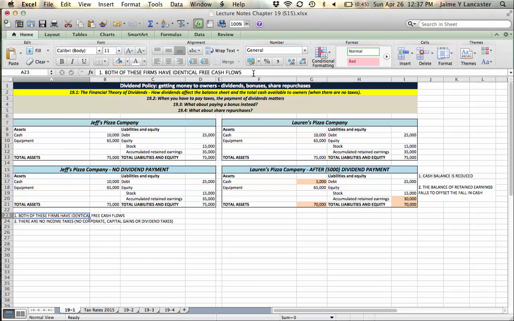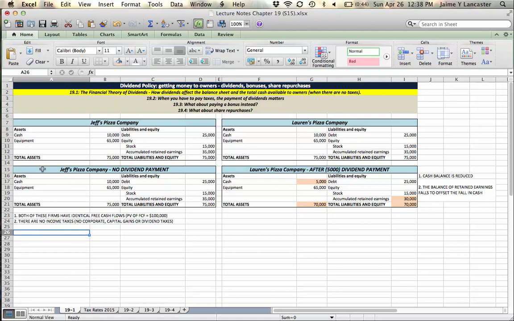Let's say that both of the firms have identical free cash flow, and that the present value of these free cash flows, if they did a valuation, would be equal to $100,000 to make our information simple. So that means that if they were to sell the firm, the enterprise value would be worth the present value of the future cash flows.